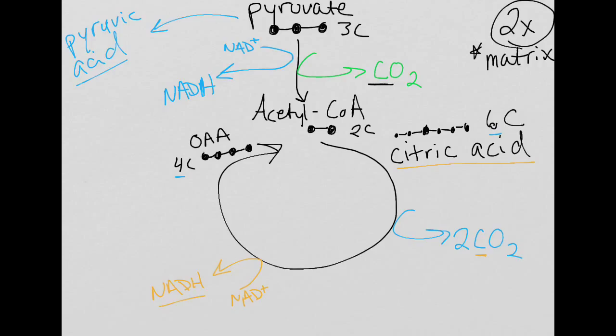We also create something called, let me put it over here, FADH2. FADH2 is also an electron carrier. It carries 2 electrons and 2 hydrogens as opposed to the 2 electrons and 1 hydrogen that NADH carries.